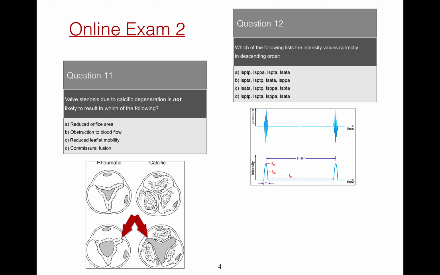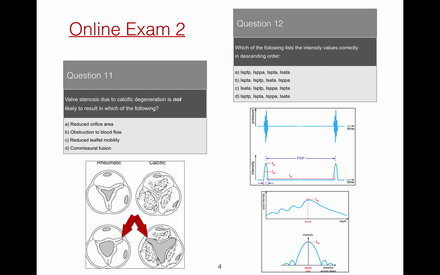As the upper image from the physics text indicates here, the temporal peak values are greater than the temporal average values. So the possible answers can be narrowed down to either A or D. And as the lower image indicates, the spatial peak is greater than the spatial average. The correct answer, therefore, is A.